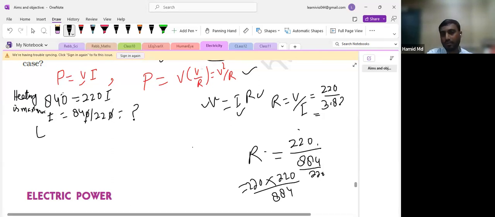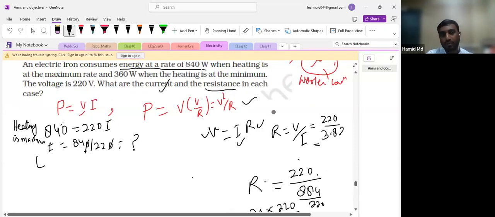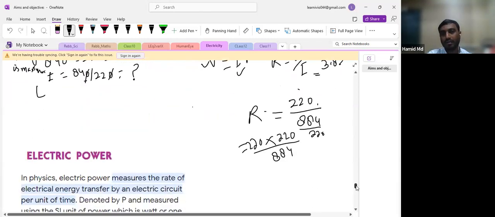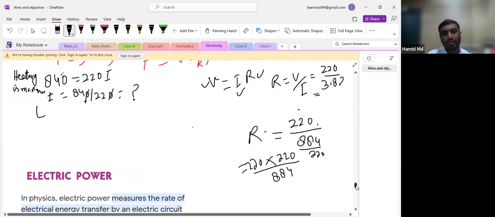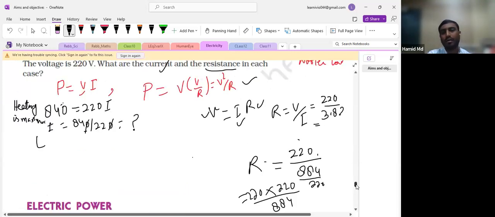This is nothing but this equation, V square over R. V into V, 220 into 220 divided by R. R is, sorry, divided by power. We have to find R. So R will go to that side, then it will be V square over P. Right? So see, this is the same. V into V, 220 into 220, power is 840, so divided by 840. That's it.